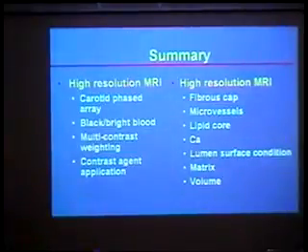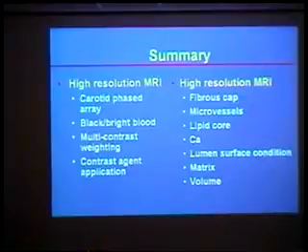So in summary, high-resolution MRI, with the application of phased array coils and the combination of black and bright blood techniques, lets us look at a list of different tissues and different aspects. Most of the information up to this point about what a vulnerable plaque means is coming from histology.